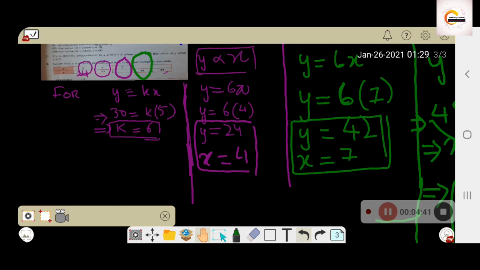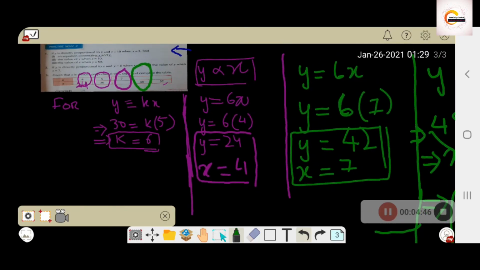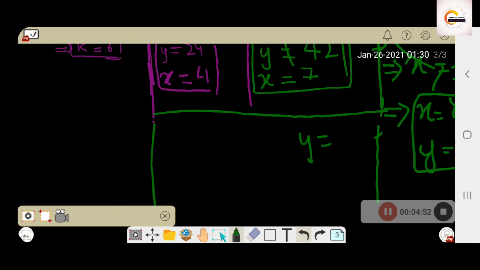Get to the last part, that is y is equal to 57. Okay, y is equal to 57. We know the formula, y is equal to 6x.